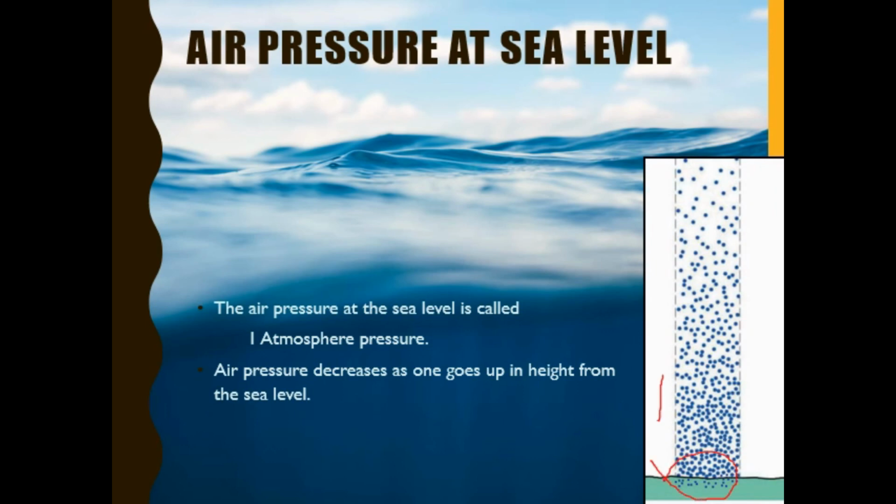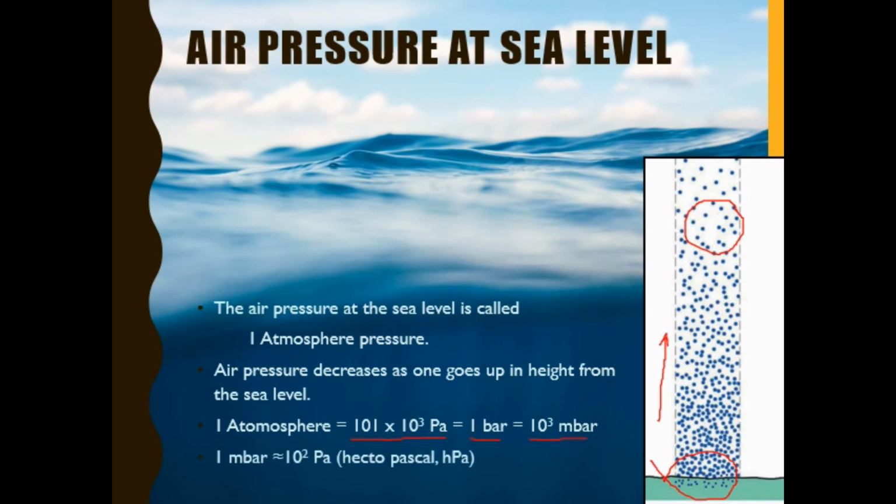When you move up above sea level, the pressure decreases and becomes very low. 1 atmosphere is measured as 101 into 10 power 3 Pascal, which is otherwise called 1 bar, or can be noted as 10 power 3 millibar. 1 millibar is approximately equal to 10 raised to the power 2 Pascal, which is otherwise called a hectopascal.